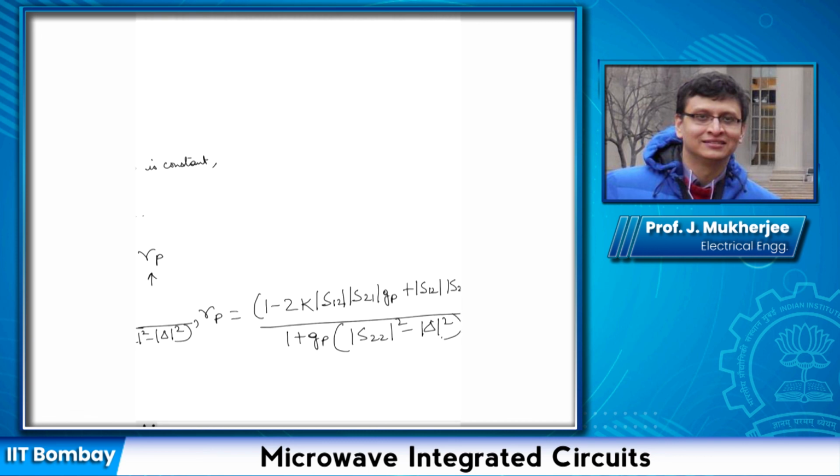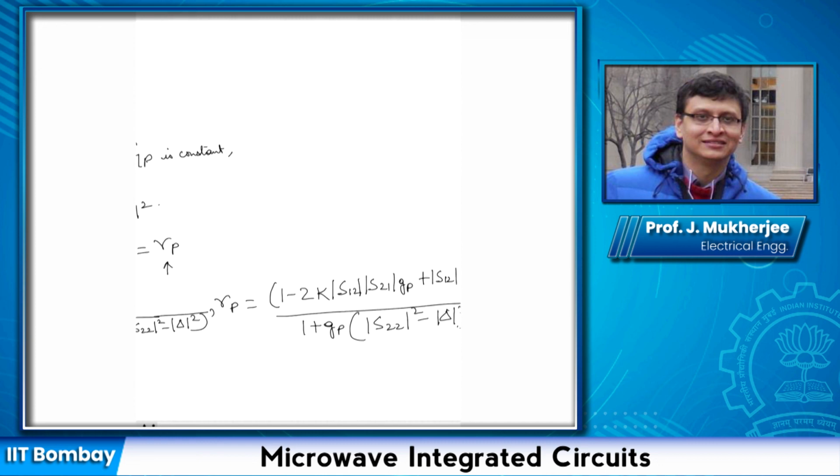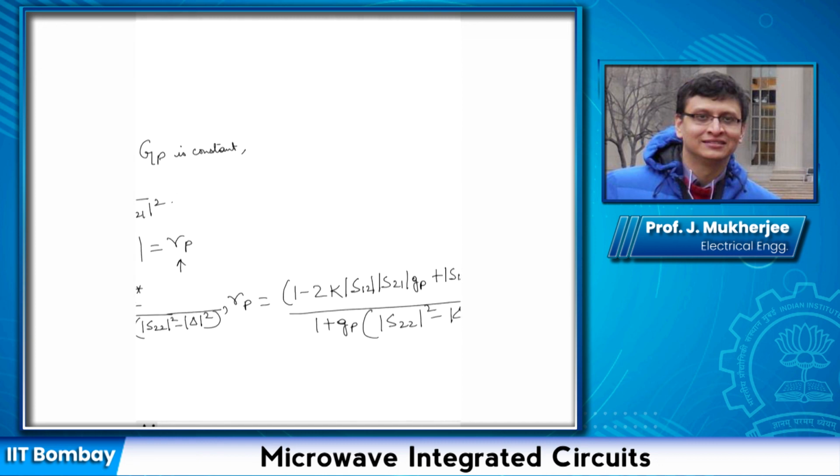So this is a very long expression. It's given in your notes, and as you can see, identifying what C2 is, it is given by S22 minus delta S11 conjugate. As you can see, the C2 is constant. That is, as long as the S parameters are constant, the value of C2 is constant.